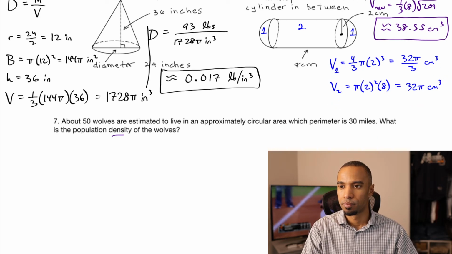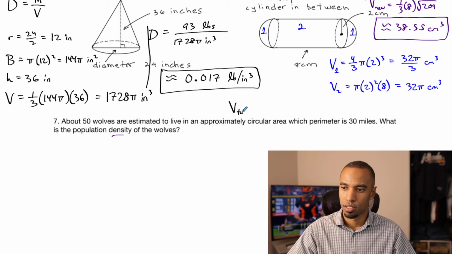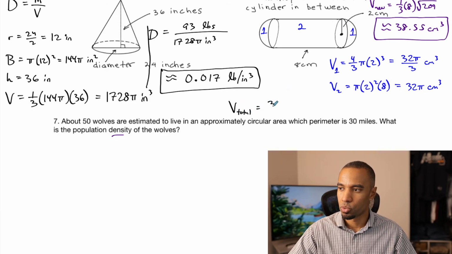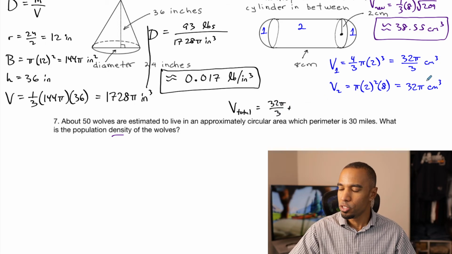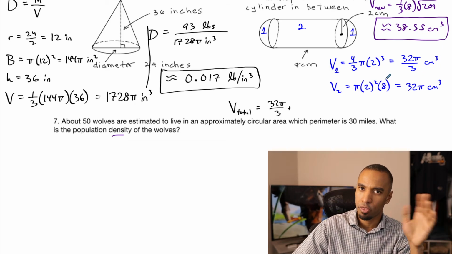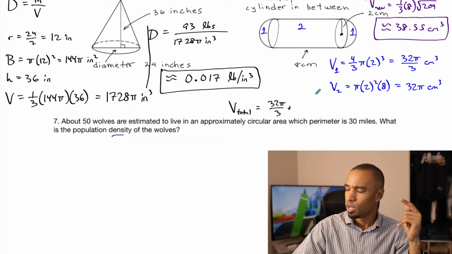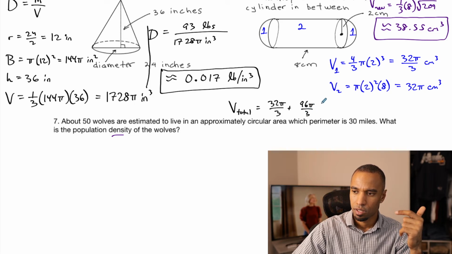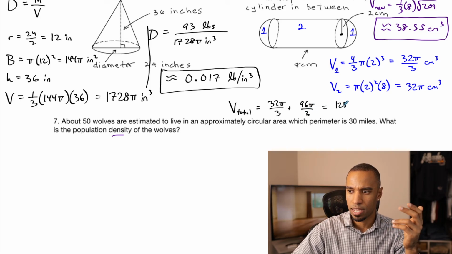And the volume of the total thing is 32 pi over 3 plus 32 pi. If I multiply top and bottom by 3, I'm going to get an exact answer first. It's 96, so 96 pi over 3. Okay, so that total is going to be 128 pi over 3 cubic centimeters.